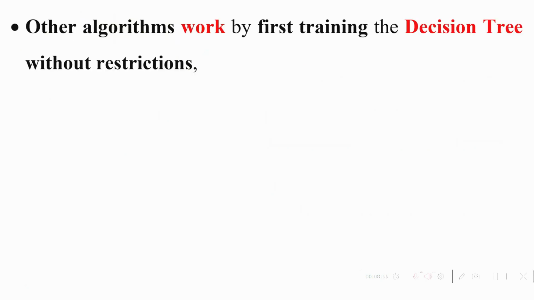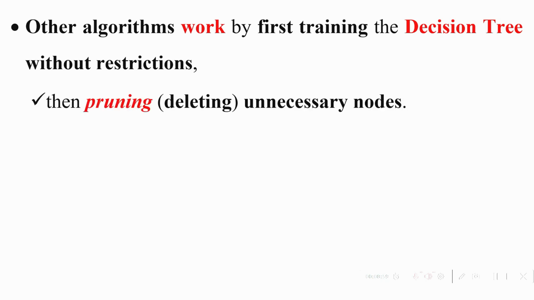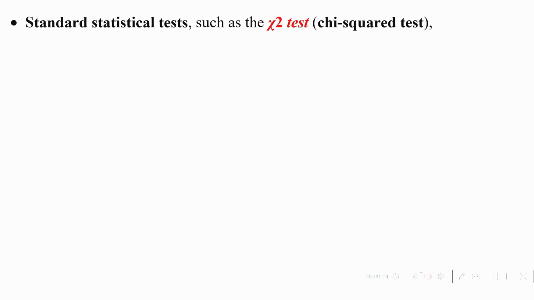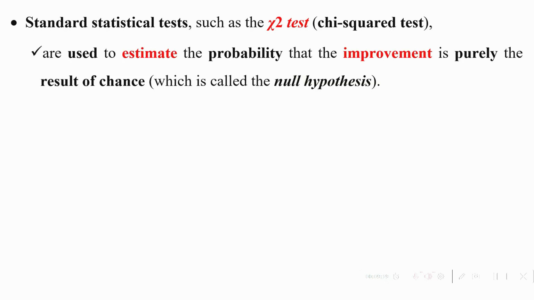Other algorithms work by first training the decision tree without any restrictions, then pruning, that is deleting, the unnecessary nodes. A node whose children are all leaf nodes is considered unnecessary if the purity improvement it provides is not statistically significant. Standard statistical tests such as the chi-squared test are used to estimate the probability that the improvement is purely the result of chance, which is called the null hypothesis.